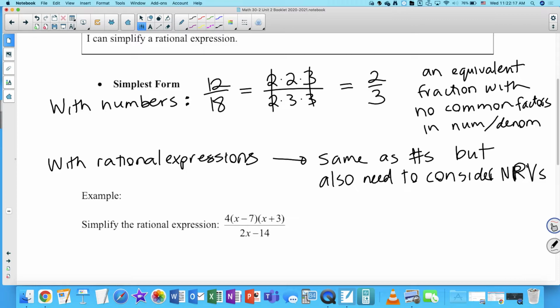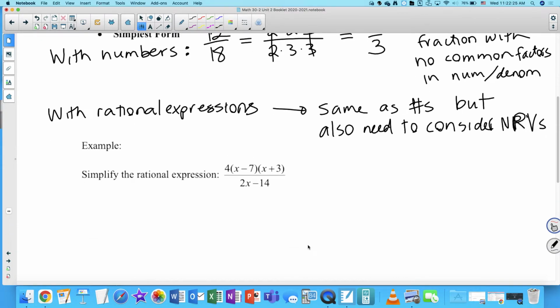Okay, so for example, let's say we have this rational expression here. 4x minus 7 times x plus 3 over 2x minus 14. Okay? Now, whenever you're doing anything with rational expressions, almost, I would say 99.9% of the time, the first thing that you want to do is factor everything that you can.